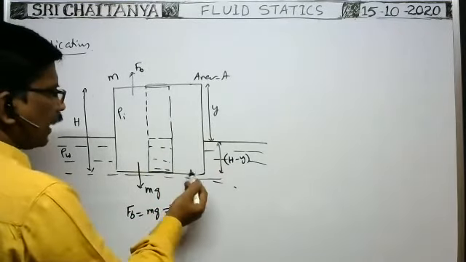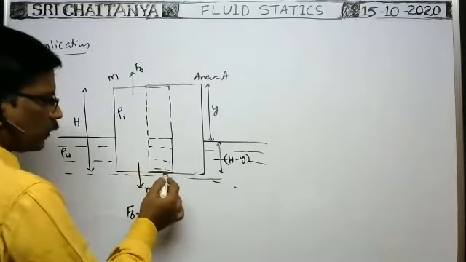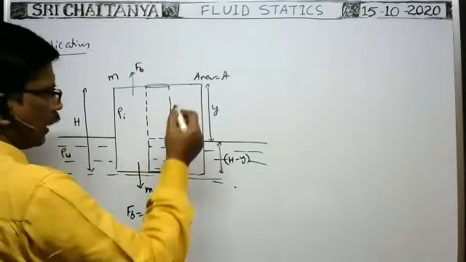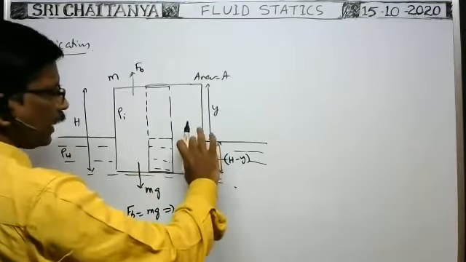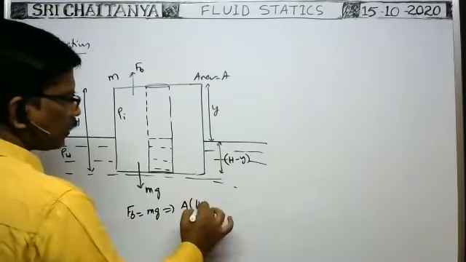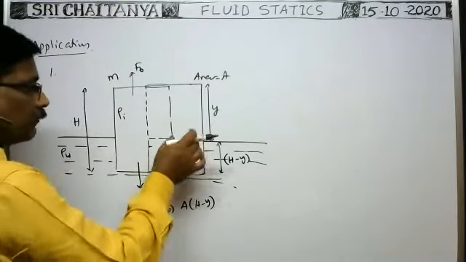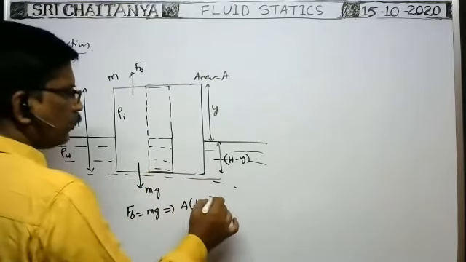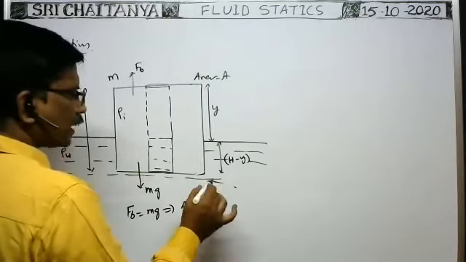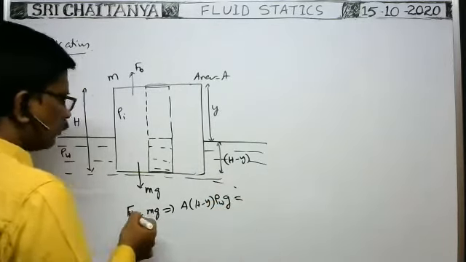Take the area of cross section of the ice block, because at the bore there is no ice, there is no mass of ice. So the remaining area of cross section is capital A. Area of cross section into the depth up to which the ice block is submerged, capital H minus y, is the volume of the material of the ice submerged in the liquid water. Into the density of the water gives the mass of the water displaced, into g, the weight of the water displaced.